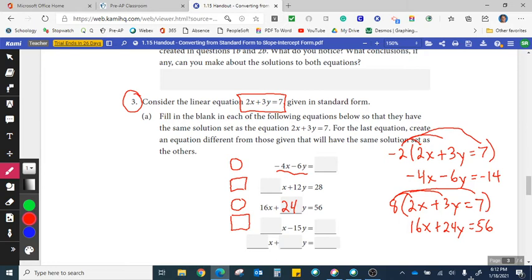Multiply every coefficient and every constant by the same number. Maybe it's 10, maybe it's 20, maybe it's 15, whatever you choose. But multiply each term, 2x, 3y, and 7, by a certain number, and then just write those numbers in there. I'll have you go ahead and do that one as well.